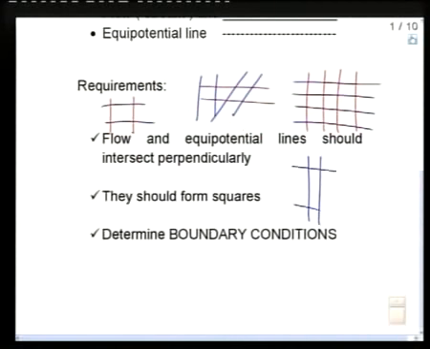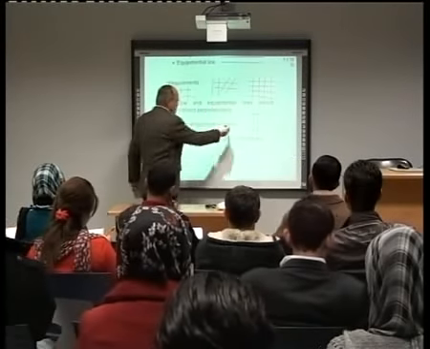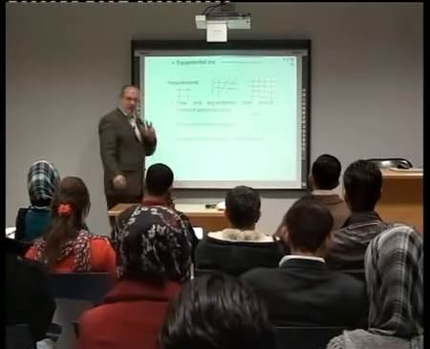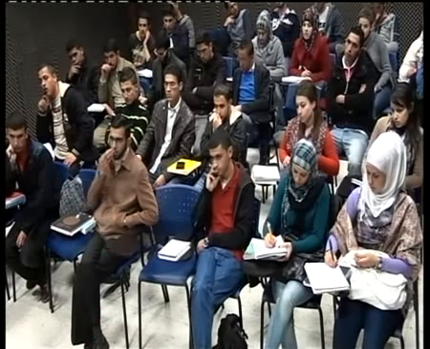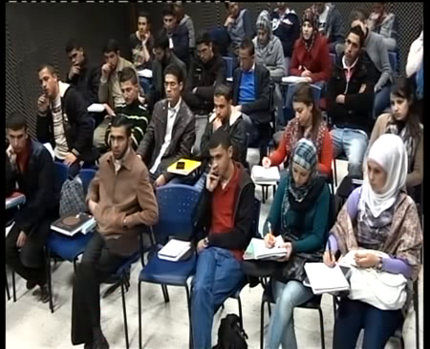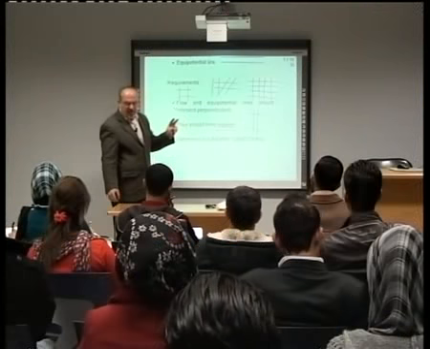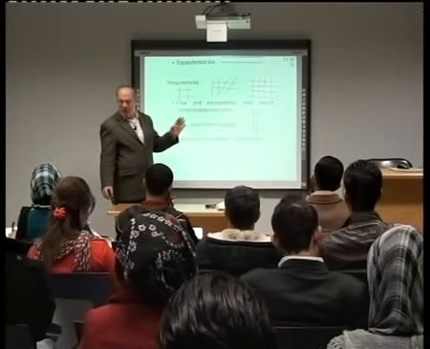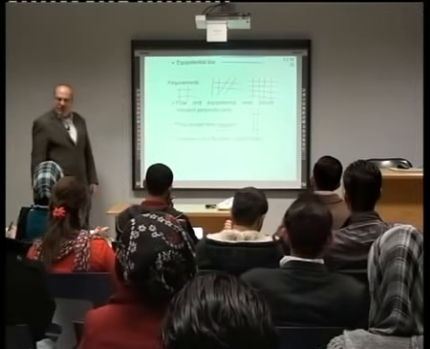For example, these intersect perpendicularly, right? But we will have rectangles instead of squares, right? So this is wrong. What we should have is squares, okay? Squares. So flow lines and equipotential lines should intersect perpendicularly and they should form squares. These are very important requirements, okay?